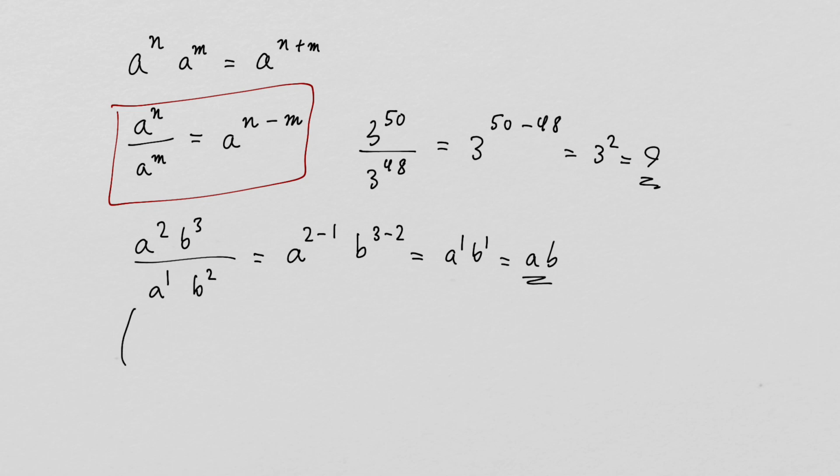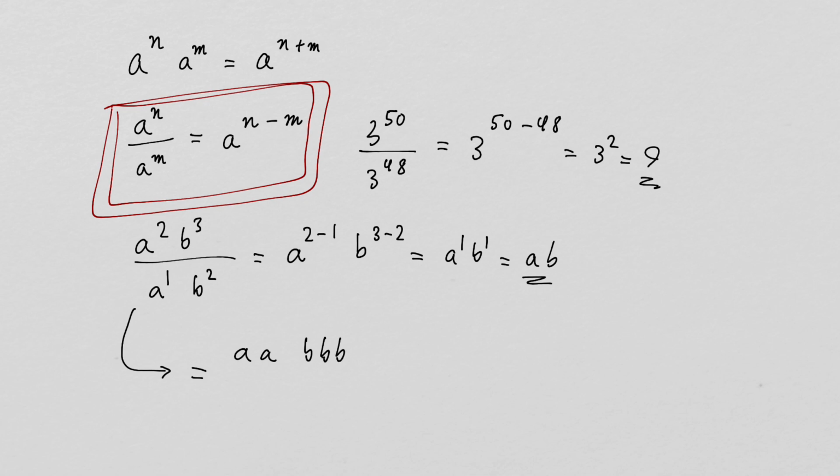Well, this is one way to do the calculation. Another way, if we don't, for example, remember the formula, is just to use the definition of powers. So we can express a to power 2 as a times a, and b to power 3 as b times b times b.